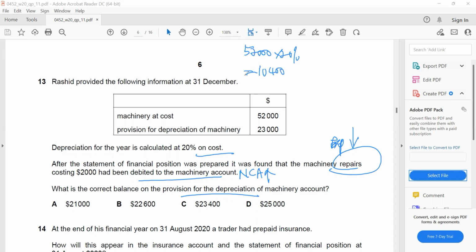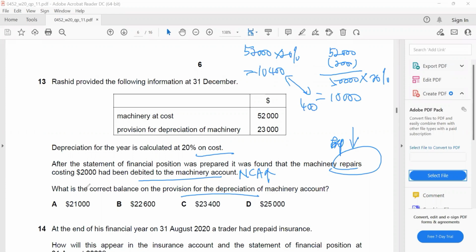And then after the adjustment, 52,000 minus 2,000, so left with 50,000. 50,000 times 20%, so I get 10,000. So the difference is 400.